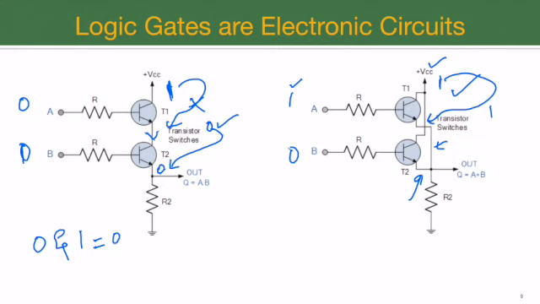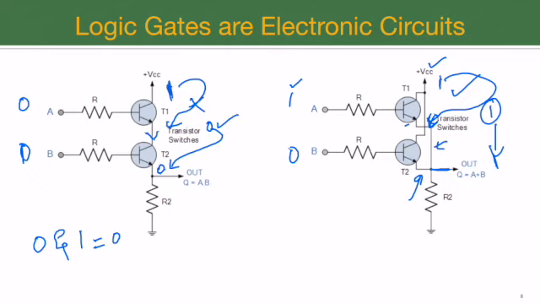Not exactly here. This value is transferred on this line here. Notice that this line is already connected to the output, so it's just a line. Effectively, whatever value is here will start appearing at the output.